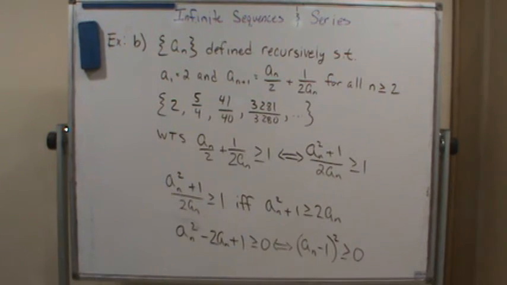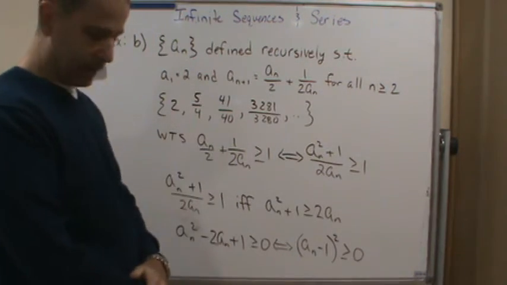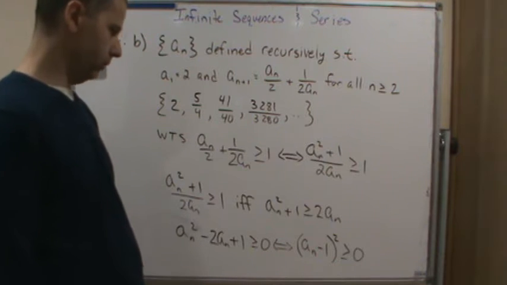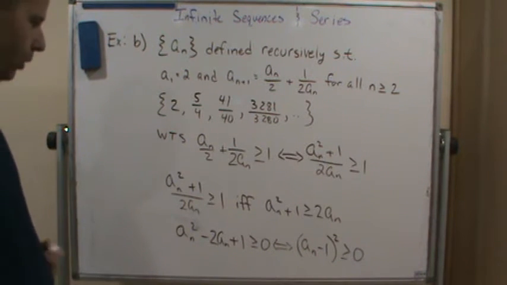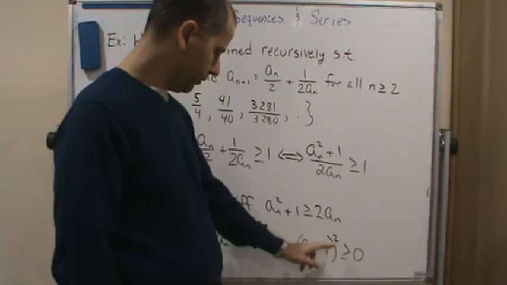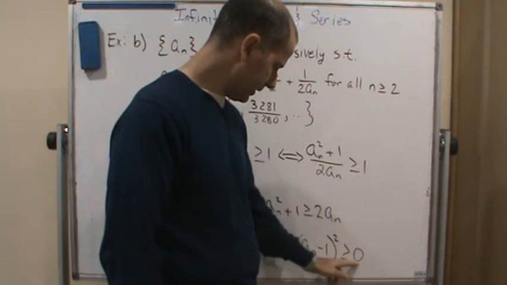Okay, so now, as we know, any real number is non-negative when it's squared. So the fact that any real number that is squared is going to be non-negative means this is automatically true.